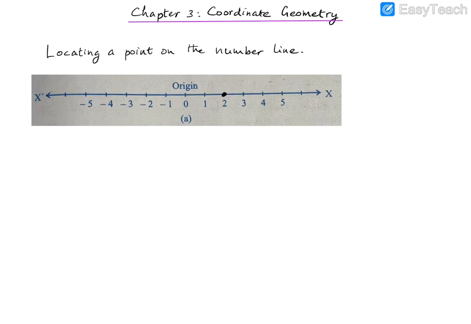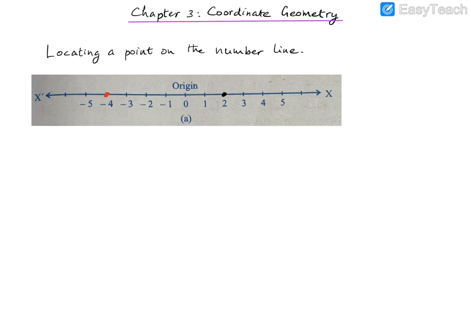Similarly, we can have another point, let's say this point which I'm marking with a red dot here, and that point is at a distance of 4 units from the origin but to the left hand side, so therefore that point is represented by the number -4 on the number line. But what we notice is that all these points are lying on the line itself, on the number line itself.